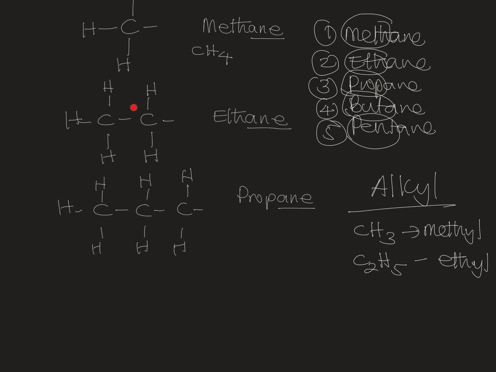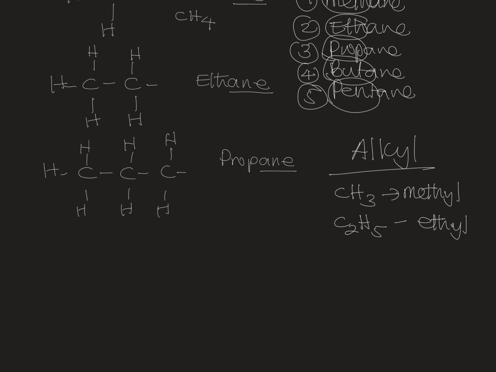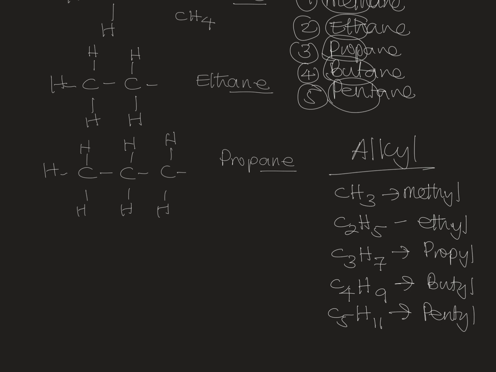If you look at this, if the ethane loses a hydrogen, then we'll have 2 carbons and 5 hydrogens. So what will be the name of an alkyl group with 3 carbons? It will be C3H7, propyl. With 4 carbons, it will be butyl. With 5 carbons, it will be pentyl.